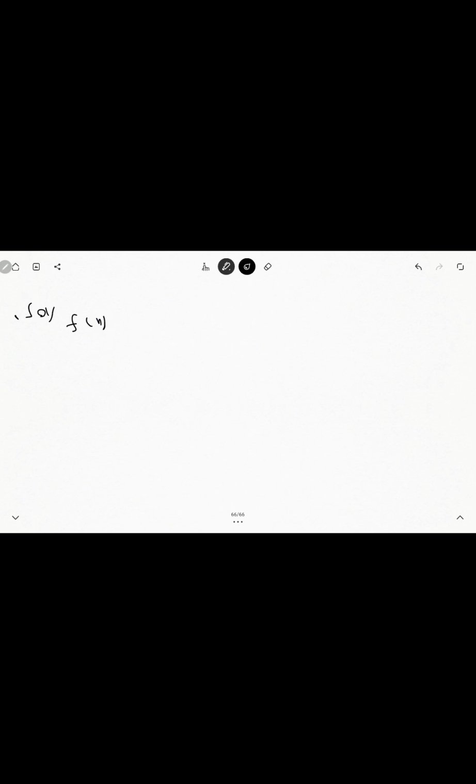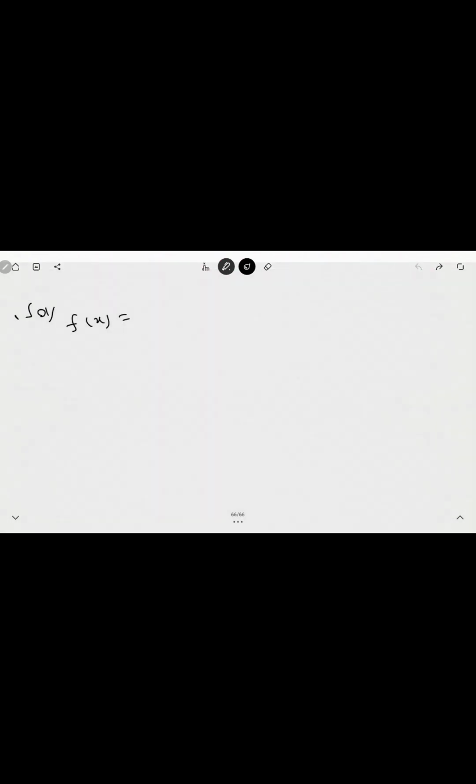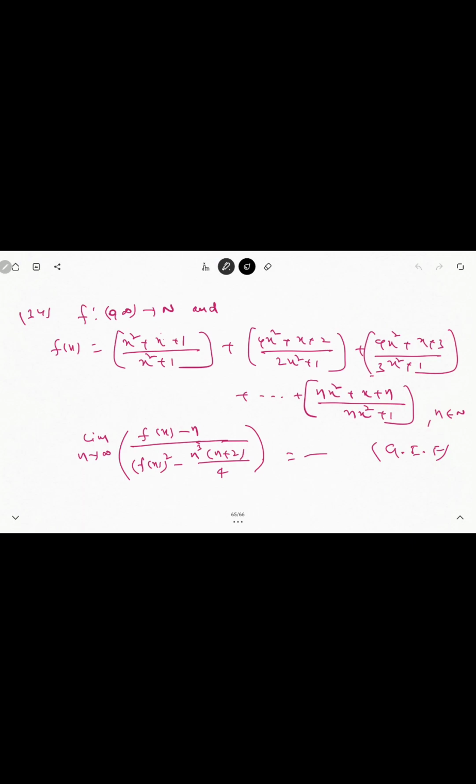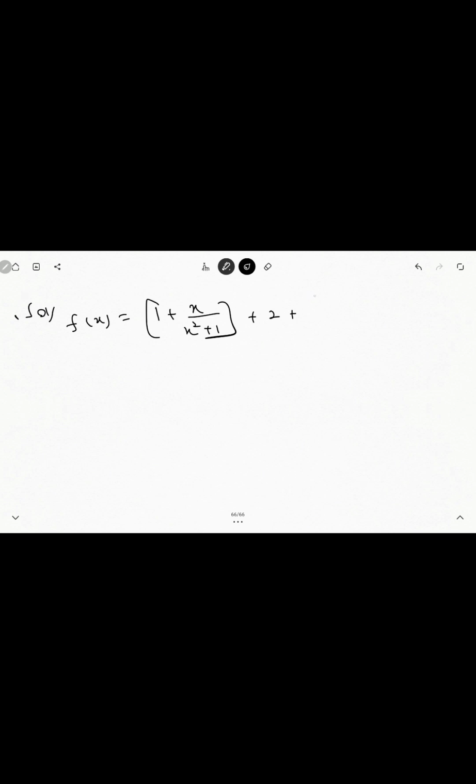Okay, f of x is equal to... how to write the first one, tell me. First one, x square plus 1, you can take as one term. X square plus 1 by x square plus 1, tell me. We are getting 1 plus x by x square plus 1, plus, again tell me, 4x square plus 2 by this one, 2, correct or not? 2 plus x by 2x square plus 1.